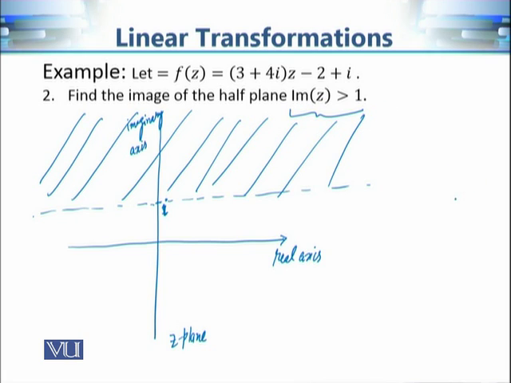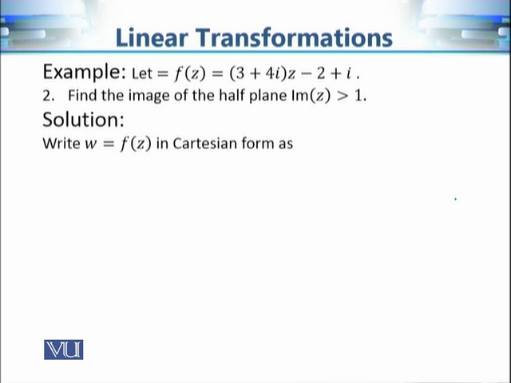Now what do we want to know? We want to know the image of this half plane under this linear transformation f of z. Now let's see how to find the answer. In the first step, we will find the real and imaginary parts of this complex valued function. If we assume that z is equal to x plus iota y, then f of z is (3 plus 4 iota) multiplied by (x plus iota y) minus 2 plus iota.